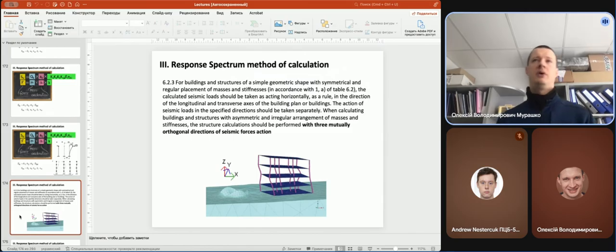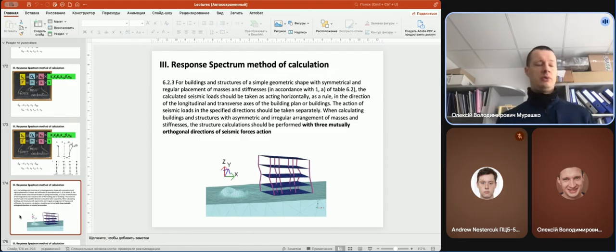For example, for construction sites located in Odessa, we can get an earthquake from Romania, and also we can get an earthquake from the Black Sea, because not far from the seaside of Odessa, in the Black Sea, we also have a tectonic crack at the bottom of the sea, and from that location we can also get an earthquake. So, two main directions from which we can get an earthquake.